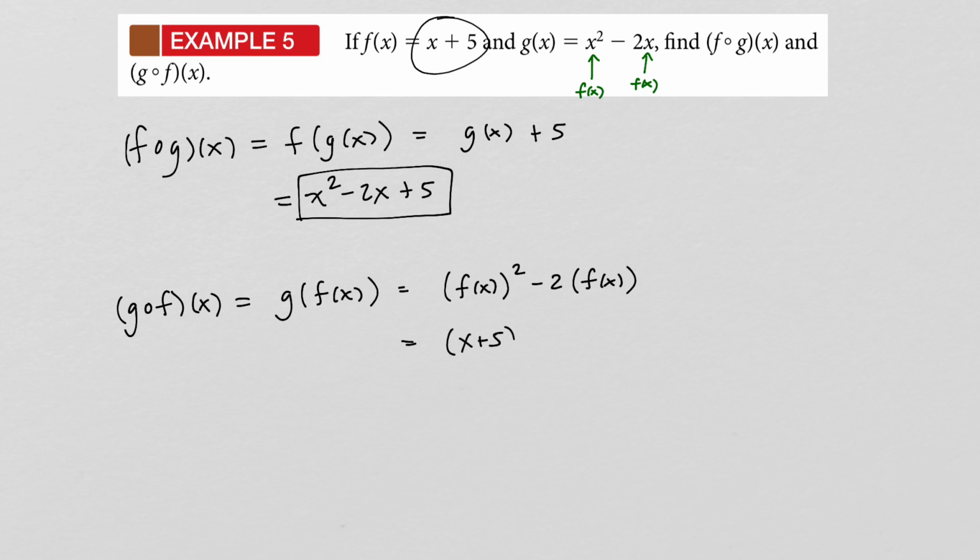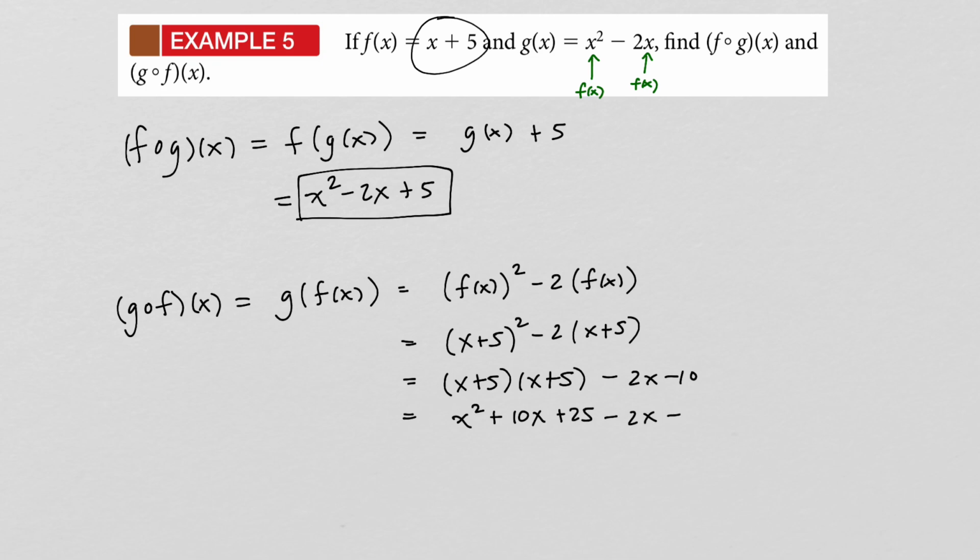And so this becomes x plus 5 squared minus 2 times x plus 5. And then if we multiply this out, of course, this is x plus 5 times x plus 5 minus 2x minus 10. And if I FOIL here, we get x squared plus 10x plus 25 minus 2x minus 10, which simplifies to x squared plus 8x plus 15.